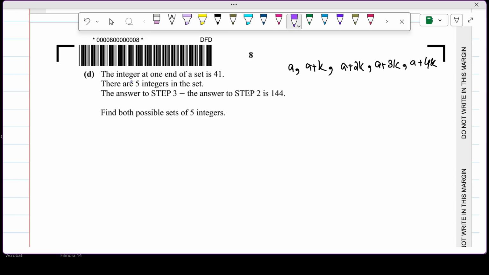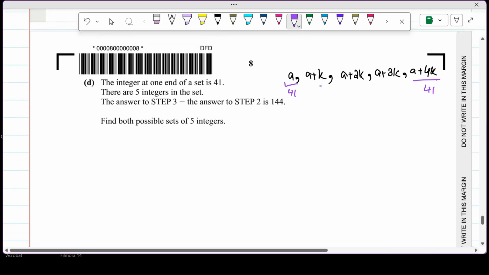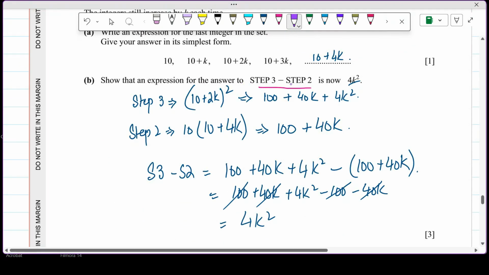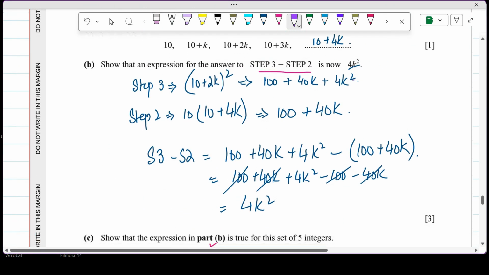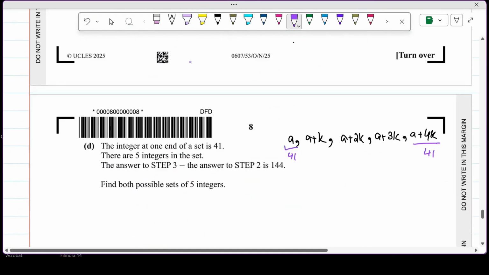It is given that one end is 41. Either the first may be 41, or the last one will be 41. It is given that the answer to step 3 minus the answer to step 2 is 144. It means the answer to step 3 minus the answer to step 2 is always 4k square when we have a set of 5 numbers.